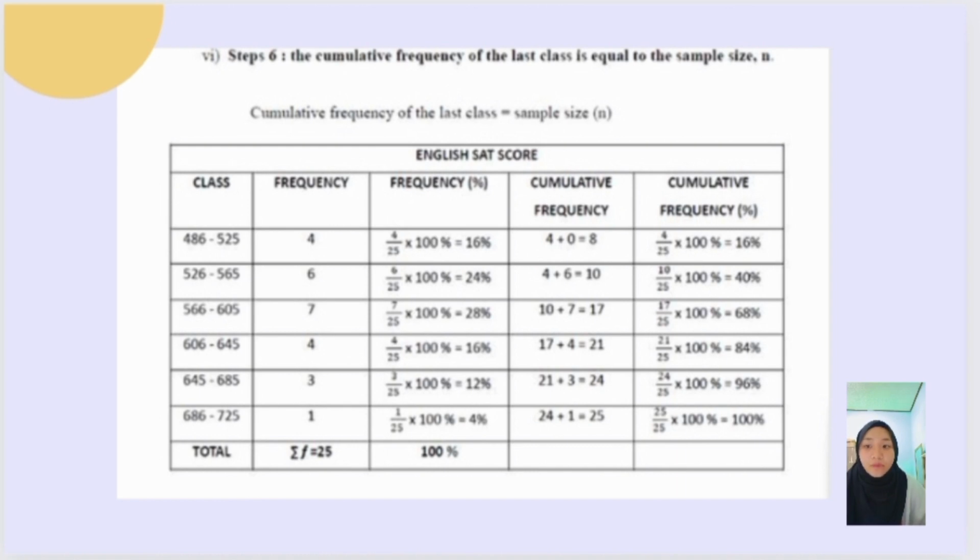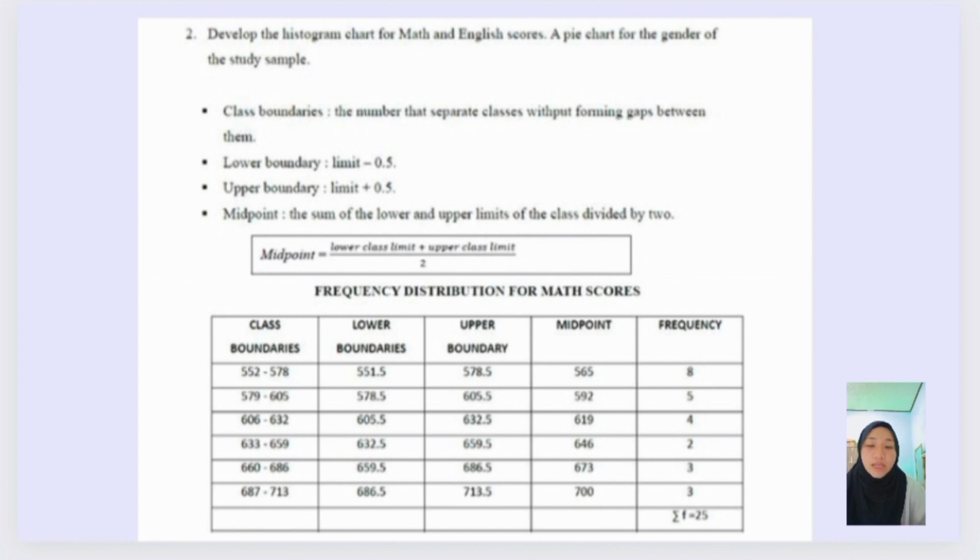The upper limit of the first class is 525, which is 1 less than the lower limit of the second class. The upper limits of the other classes are 525 plus 40 equals 565, 565 plus 40 equals 605, and so on.